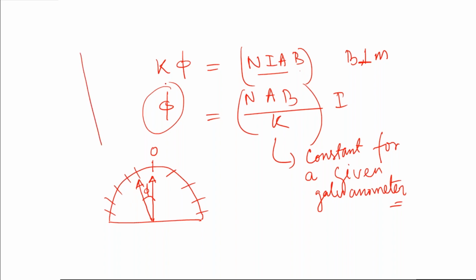Alright. Actually, this K is called the torsional constant. Any wire you take, if you fix it in the ceiling, and then you tie something at the lower end of this thin wire and rotate it, what will happen? There will be a twist. This part will be as it is, but this part will be twisting.